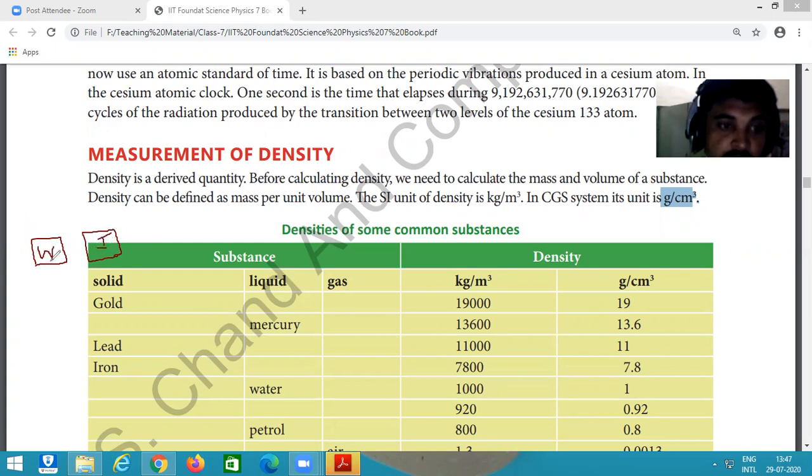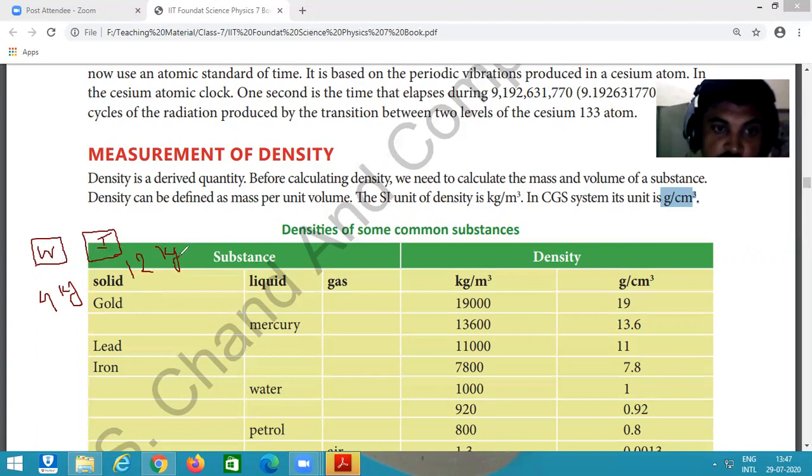The same size of both blocks have different mass. Suppose the mass of the wood block is 4 kg, and the mass of the iron block of the same size is approximately 12 kg.